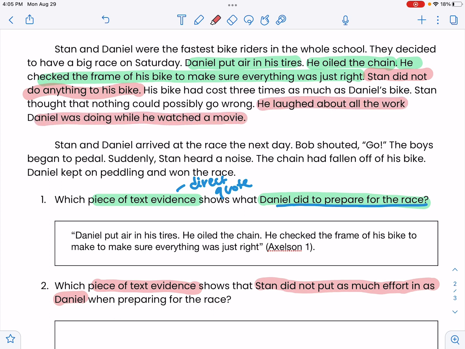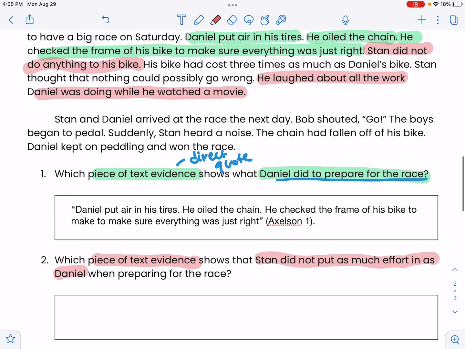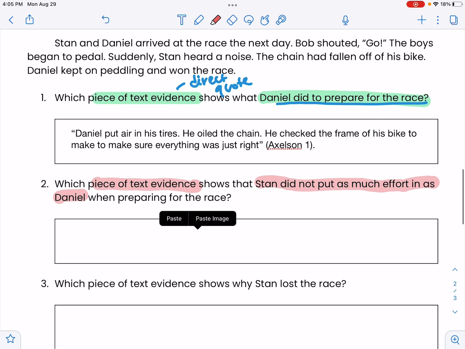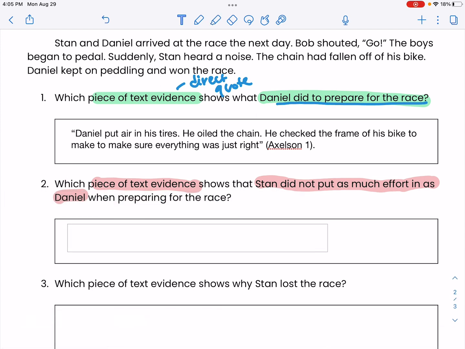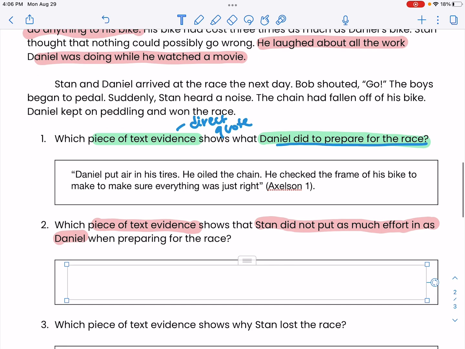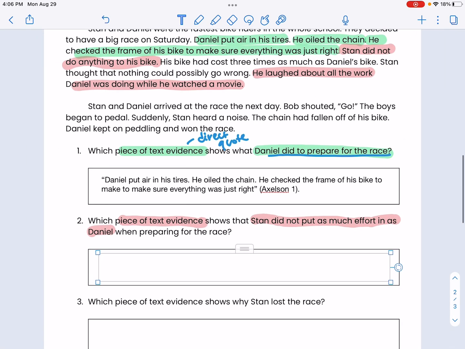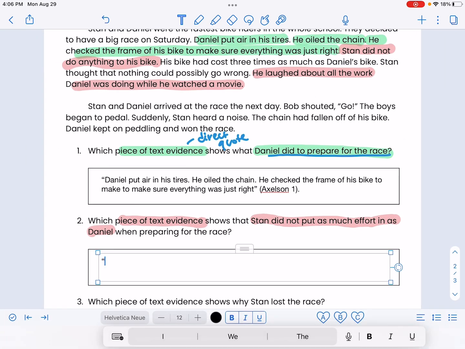Okay, both of these that I highlighted in pink show that Stan did not put as much effort. He did not do anything to his bike, and he laughed about all the work Daniel was doing while he watched a movie. I am going to just take that first sentence I highlighted.